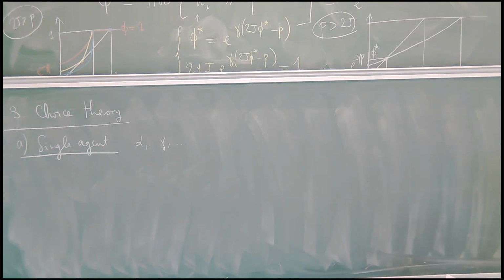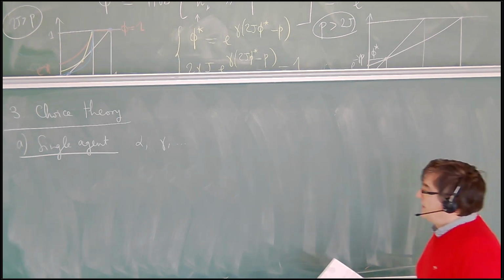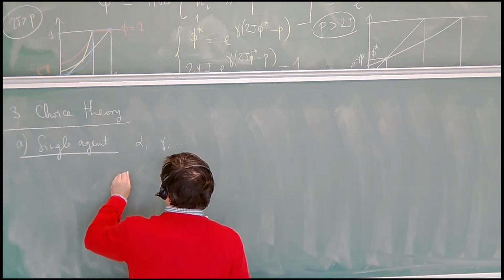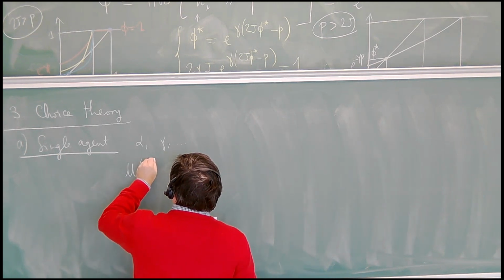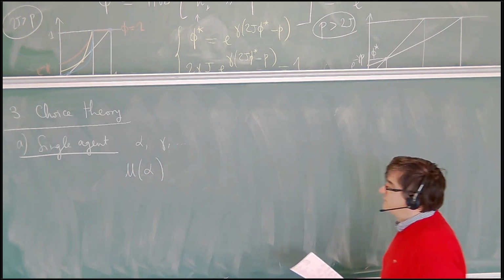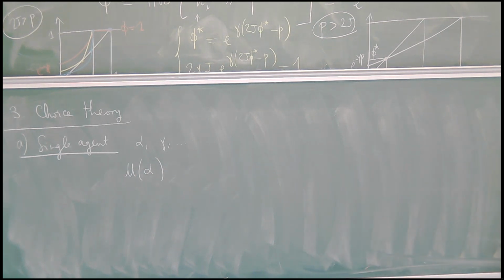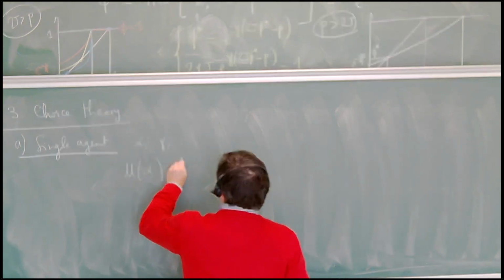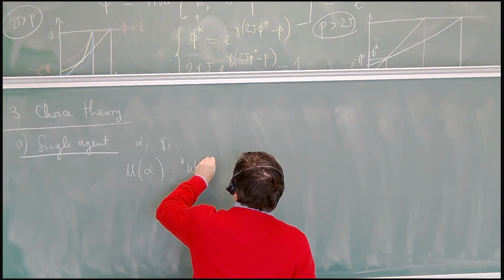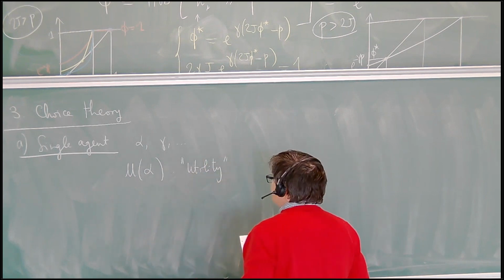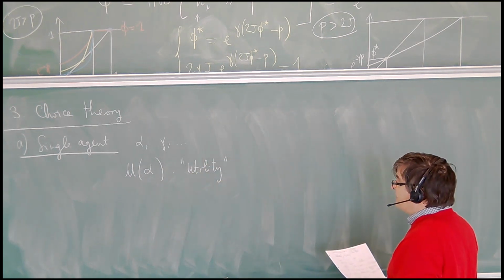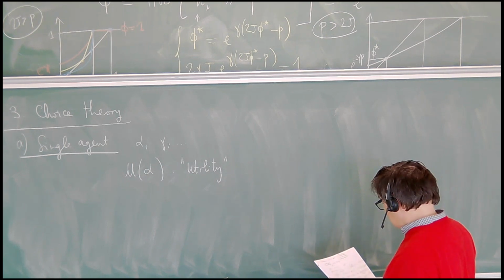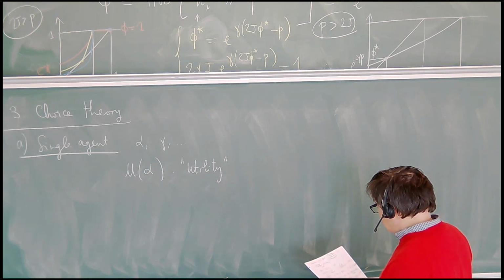What I'm going to specify is what economists call the utility of each choice. And so this is going to be a certain function U of discrete choices alpha, or maybe these choices can be even continuous. So U of alpha gives you the utility, which in my view is not such a greatly defined object, but it's a standard object in the economics literature.